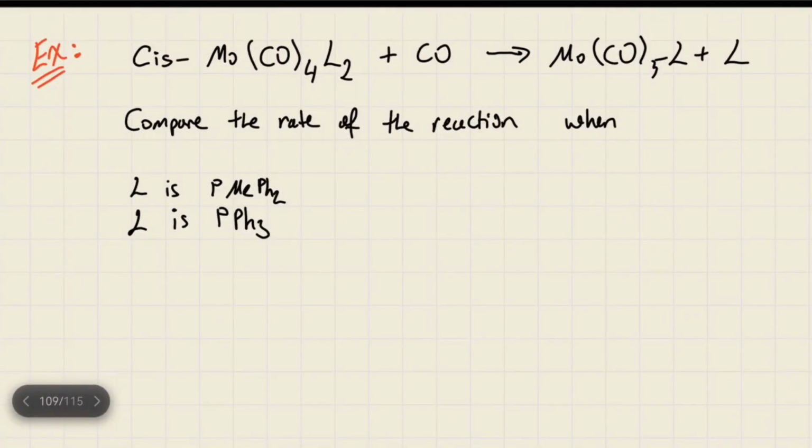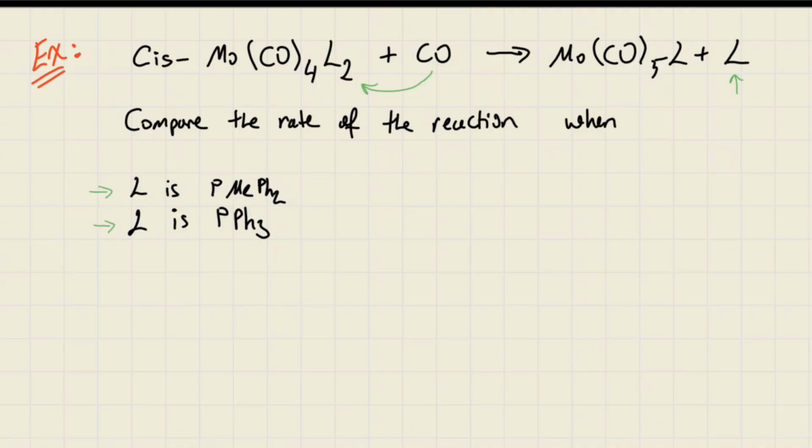We can make an example. So we have this complex, which is Mo(CO)4L2, and it reacts with carbon monoxide. So we are leaving one of the ligands, and we are putting the CO here. So compare the rate of the reaction when the ligand is this one and when the ligand is PPh3.